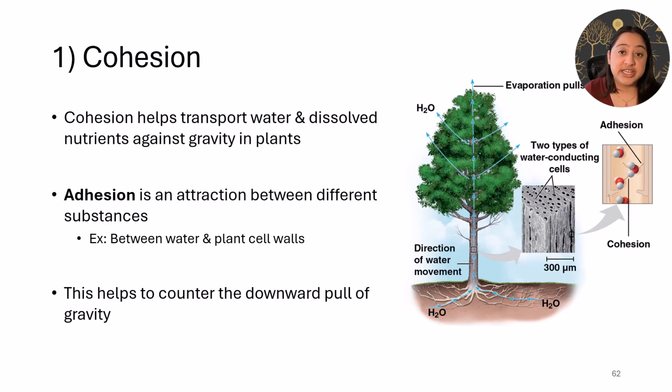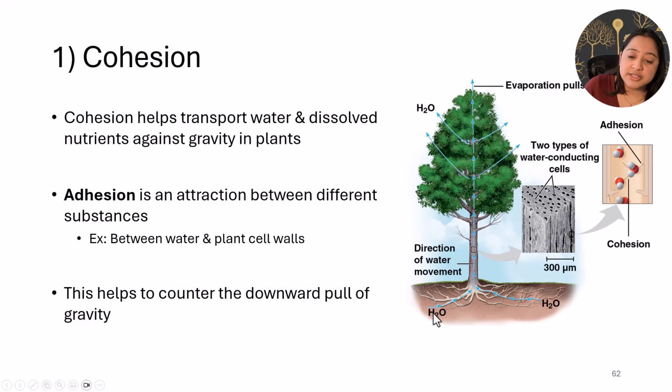And cohesion is actually pretty important because it helps transport water and the dissolved nutrients in the water against gravity in plants. So if we look at this picture of a tree on the right, there's water that comes up the roots, and then it has to get to all these leaves of the tree somehow.